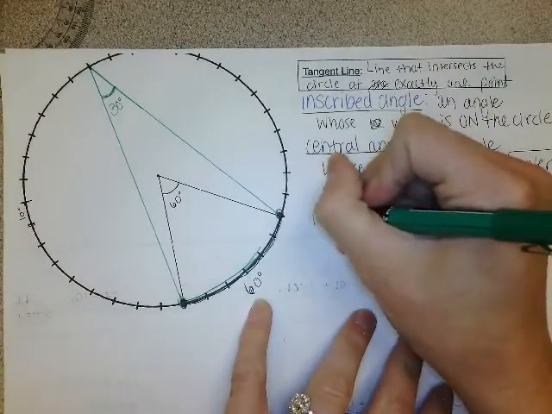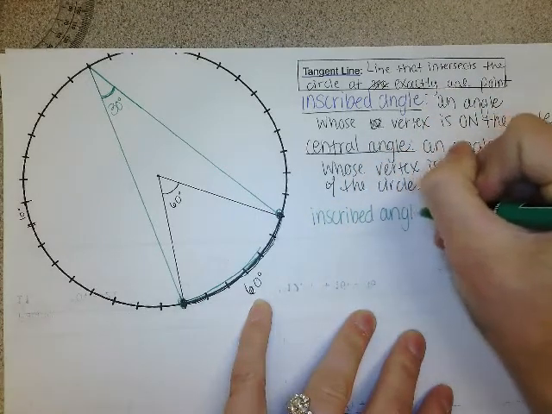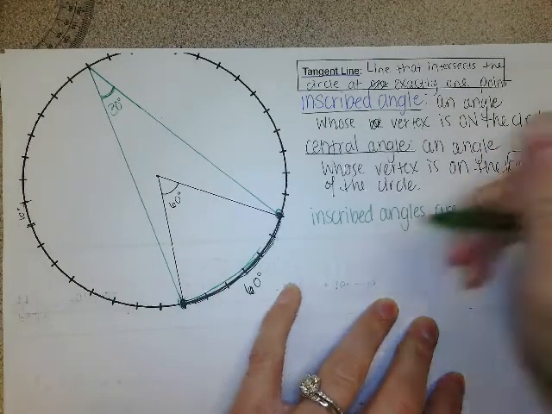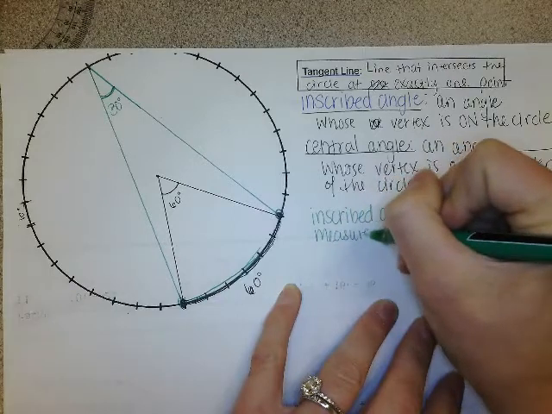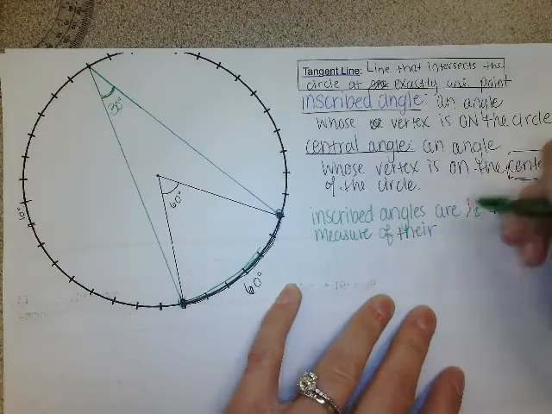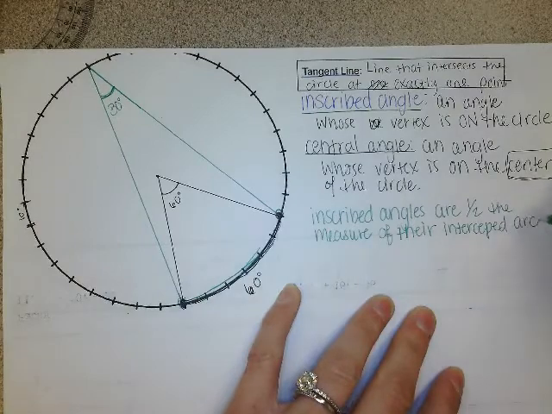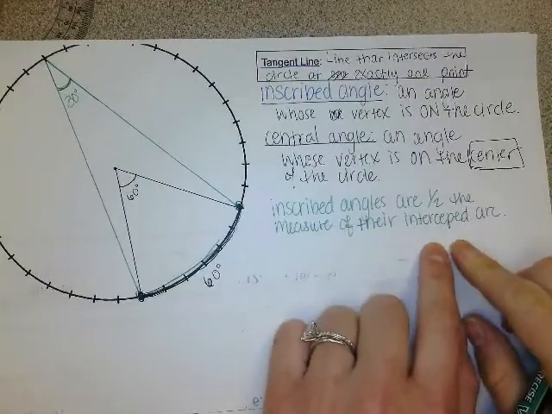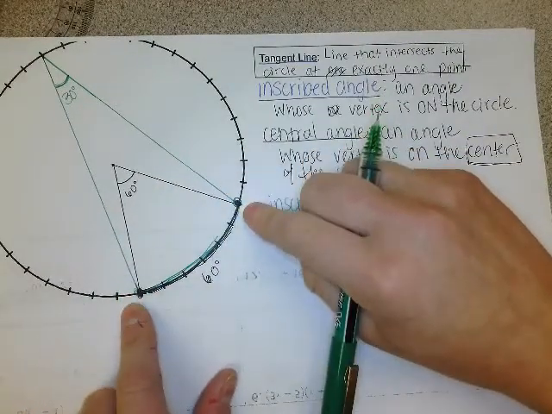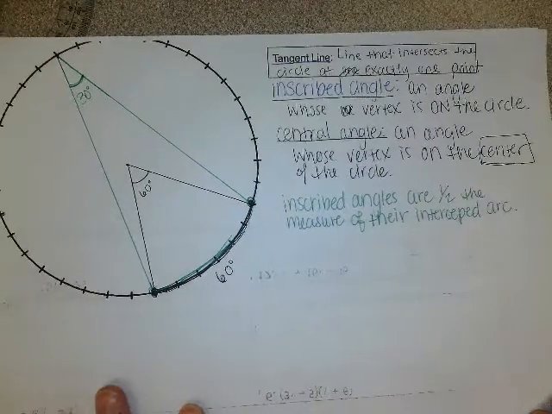So the inscribed angles are half the measure of their intercepted arc. So intercepted arc just means that it's the arc in between the two endpoints of the angle. Okay? That is the intercepted arc.